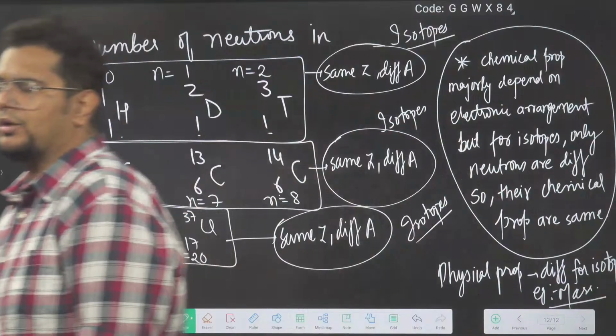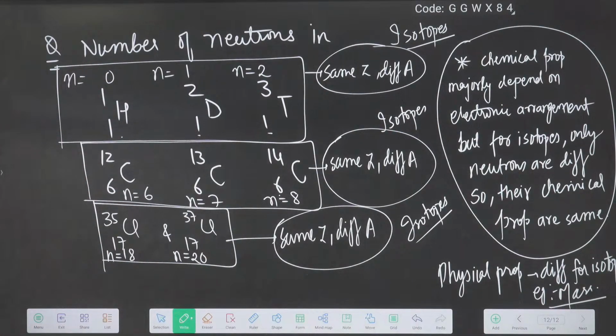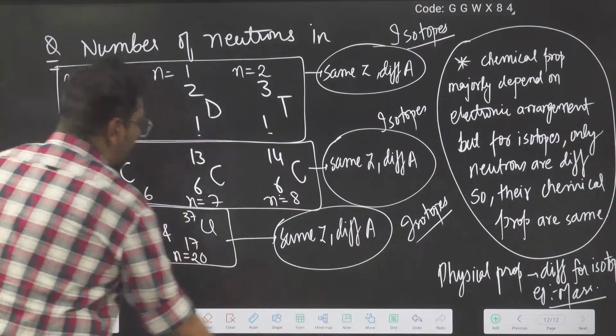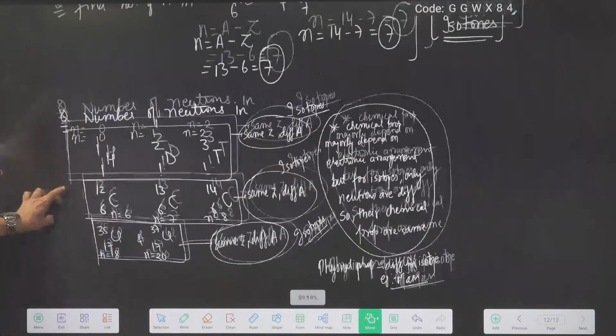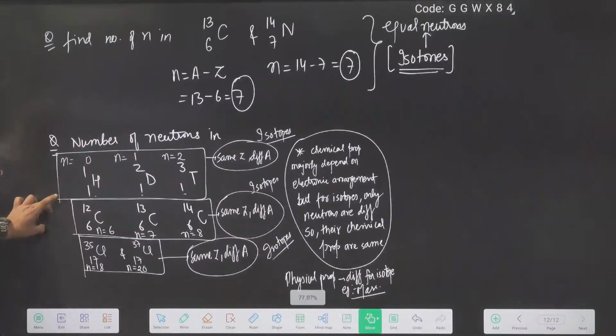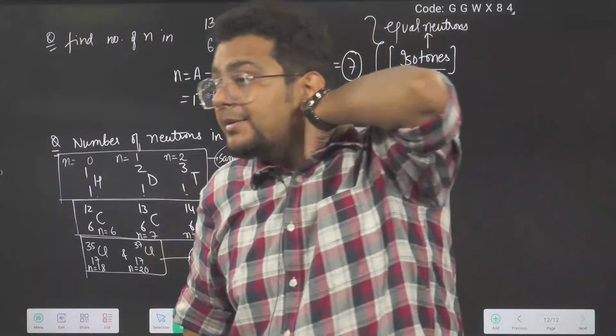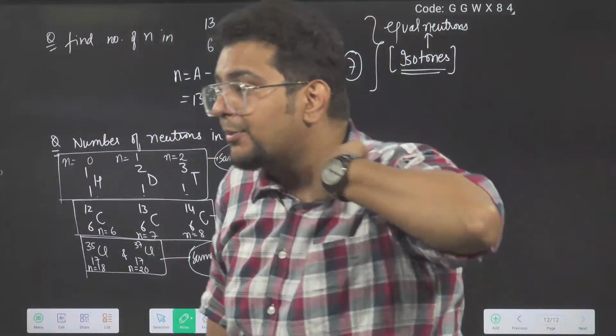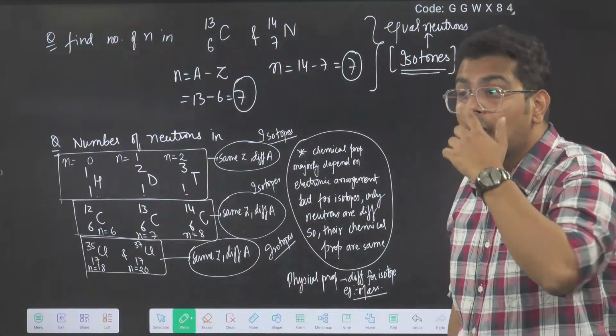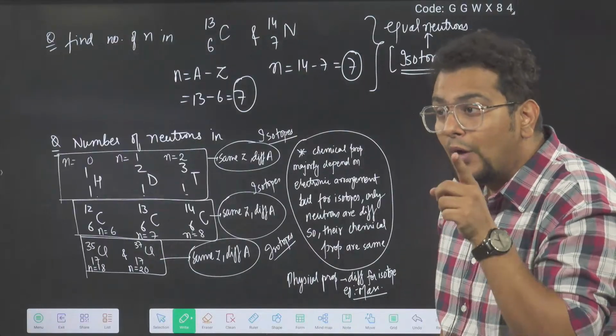Say bhaiya, clear or not clear? So do isotopes have same chemical property or different chemical property? Same. Why?